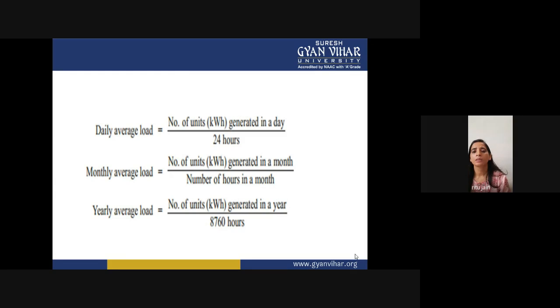And like this, your yearly average load is equal to the number of units, kilowatt hours, generated in a year divided by total hours in a year. So by these three formulas, you can easily calculate your daily average load, monthly load, and yearly load. Hope it is now clear to you.